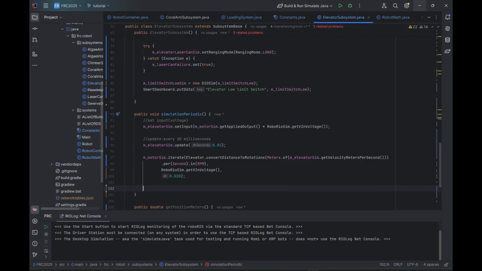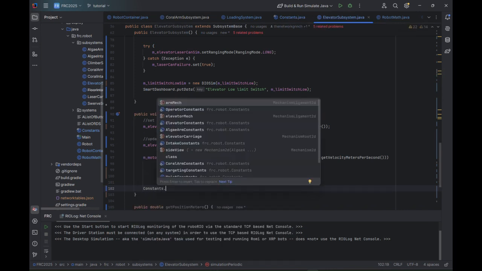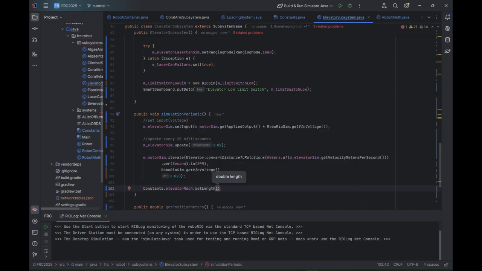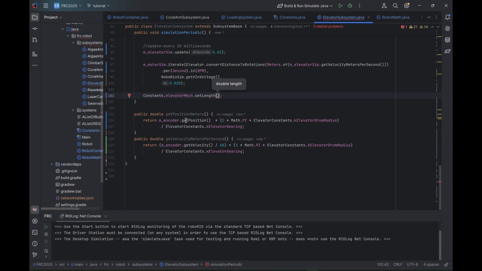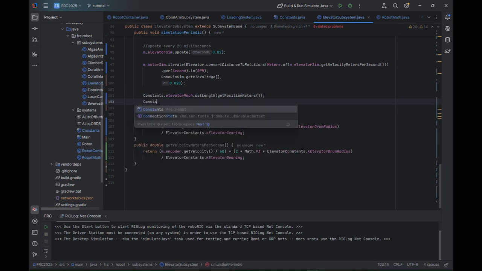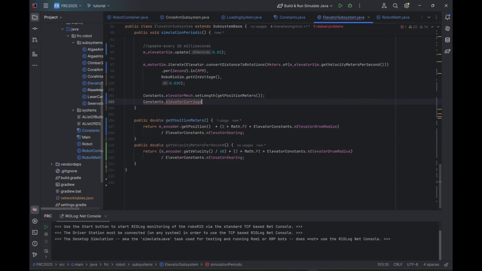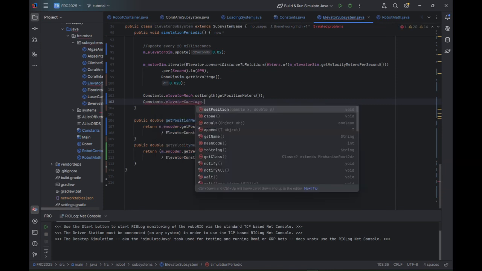And it's from the constants file, so constants. Yeah, we need our elevator mech. Set length. So the length should be get position meters. And update our carriage. And this should be set position.